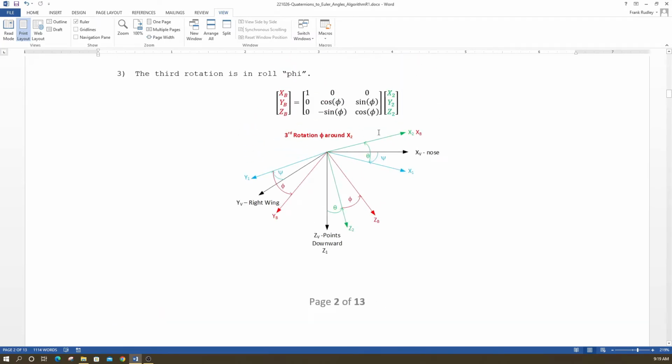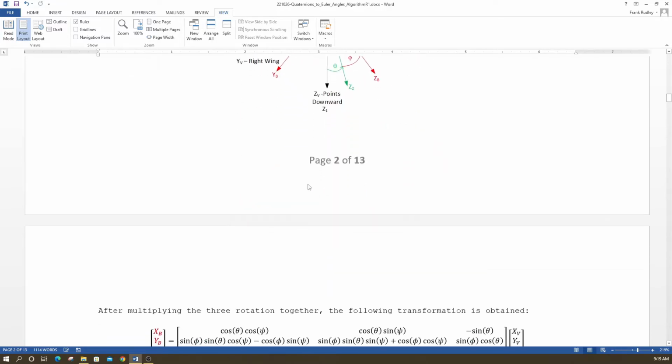So this x-axis, xb, would be pointing with the nose, as shown in green or red, and this y-axis would be going through the right wing in the body axis, and this z-axis would be pointing downward, as the pilot would see. So this midpoint here represents the center of gravity of the airframe.